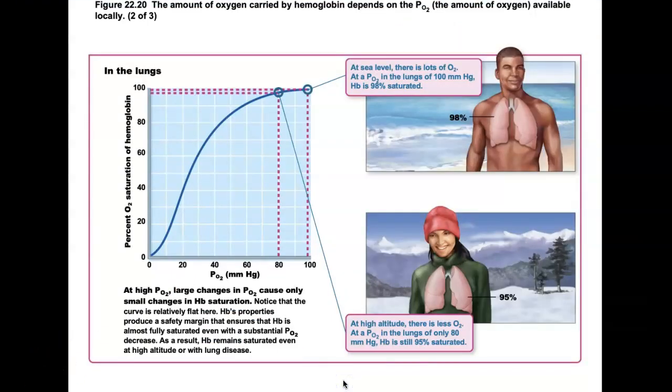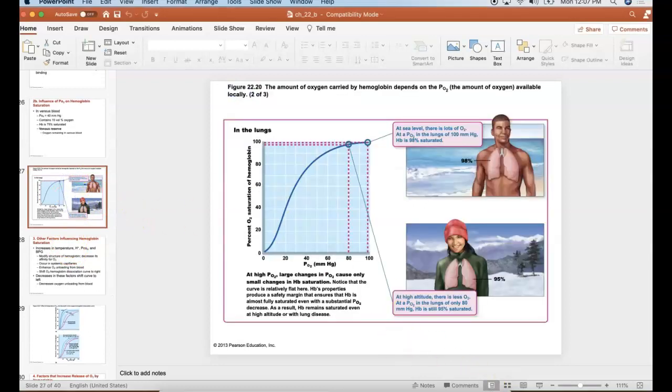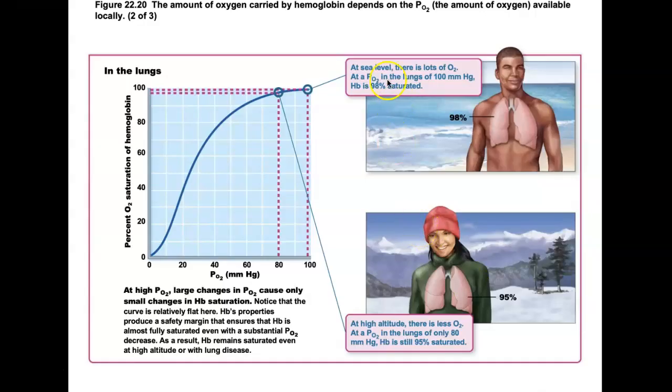Let's take a look at this, which is comparing the saturation of hemoglobin at sea level versus the saturation of hemoglobin in high altitude. So in high altitude, even though there's less oxygen available, at a partial pressure in the lungs of only 80 millimeters of mercury, hemoglobin is still 95% saturated.